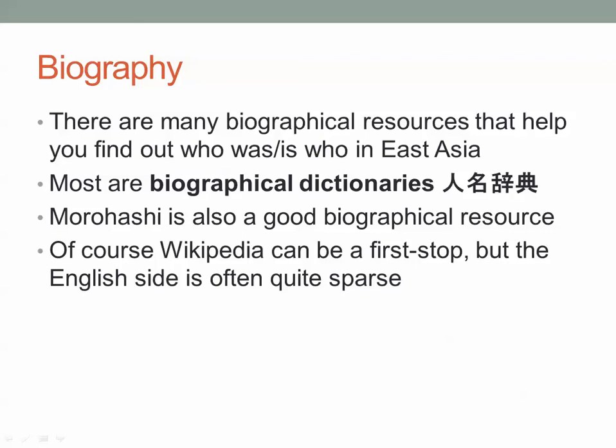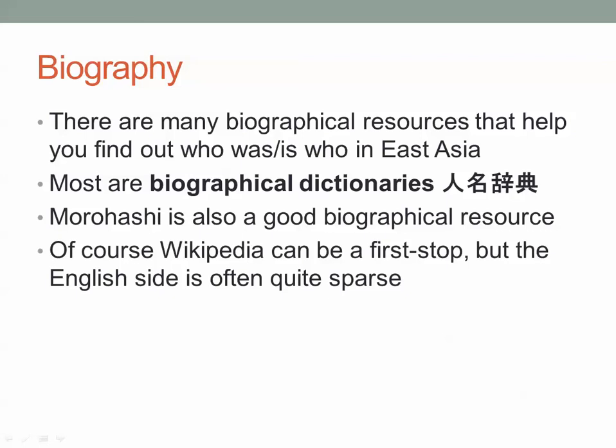The one really great thing about the Japanese Wikipedia page, though, is that it will definitely give you the reading of the person's name. So every Wikipedia entry for a person will give you their kanji, and then in parentheses will tell you how to pronounce it. And other web pages aren't necessarily going to do that for you.